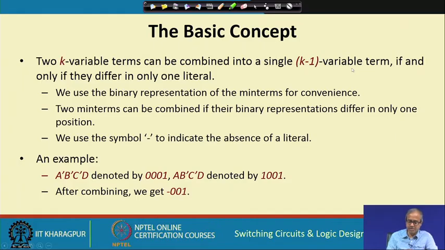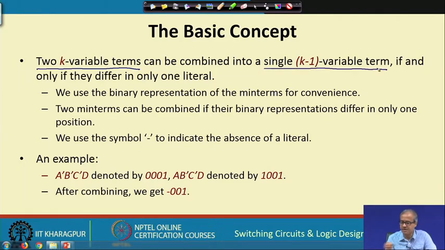Let us now look at the basic concept, what we do in the tabular method. Two k variable terms can be combined by an application of that rule that I mentioned to form a single k minus 1 variable term. Here an example is given: A bar, B bar, C bar, D, a 4 variable term, and there is another 4 variable term.